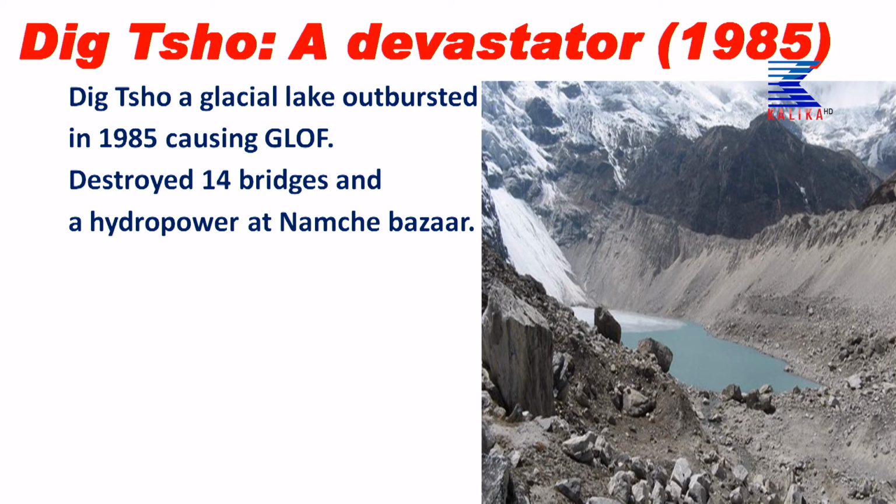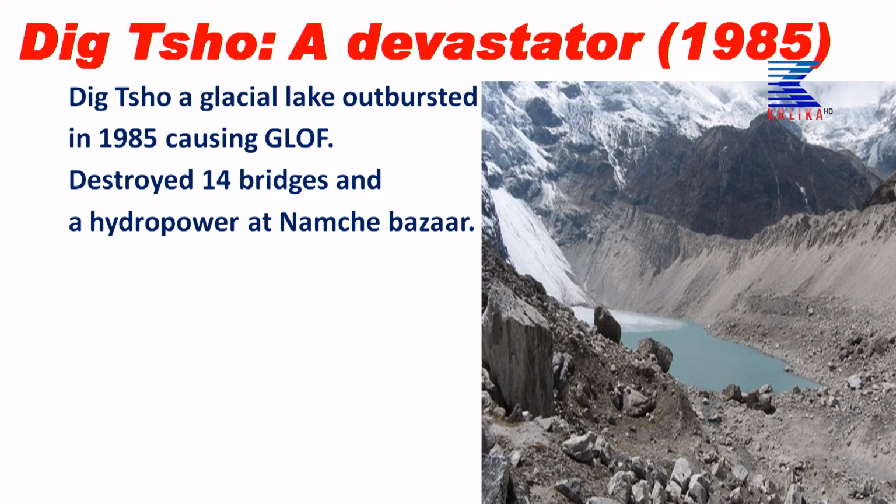Dig Tsho, a devastator in 1985. I talked a bit about Dig Tsho in the beginning. So what did Dig Tsho do? Dig Tsho did something very bad in the year 1985. Dig Tsho, a glacial lake of Nepal, burst out in the year 1985, causing GLOF, a glacial lake outburst flood.